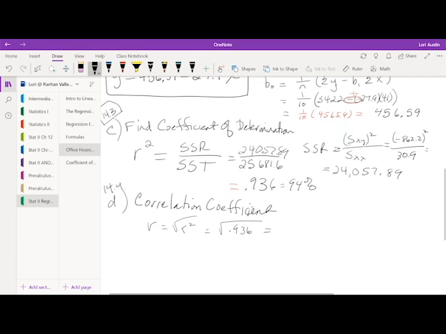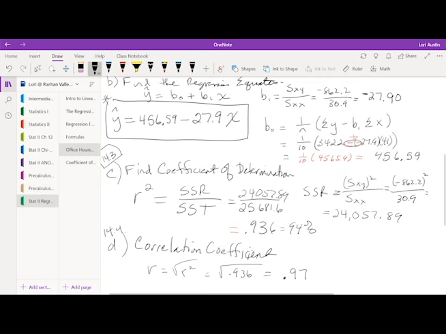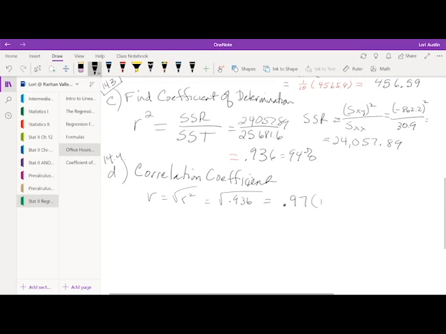You can get your correlation coefficient, which is 0.97, right? But here's the problem. What do we lose if we do it that way? We lose the idea, is it negative or positive?